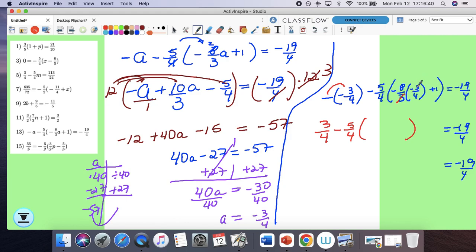This 3 and this 3 will go away, it simplifies to 1. 8 divided by 4 is 2, and then 2 plus 1 is just 3. So all of that becomes a big 3. Let's continue. 3 over 4 minus, and now we can multiply 5/4 times 3. Well, there's nothing to simplify, so 5 times 3 is 15 over 4.